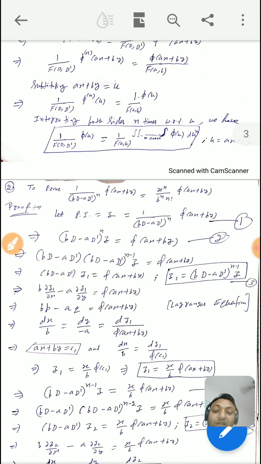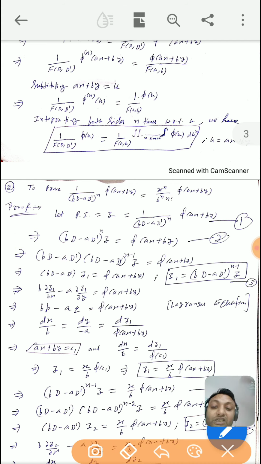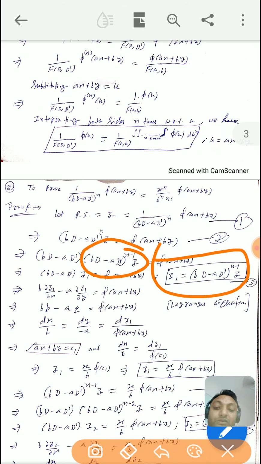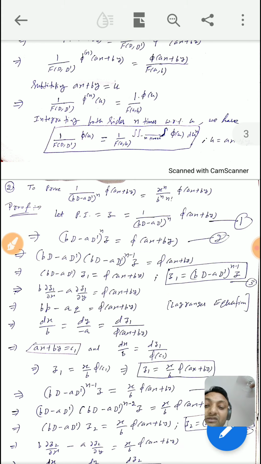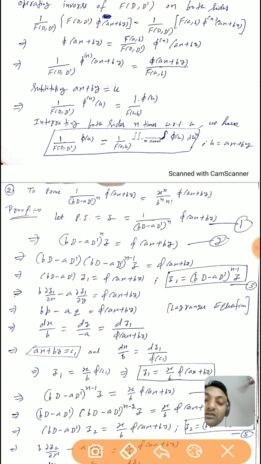So further I substitute that (bD minus aD dash) power n minus 1 z is equal to say z1. So we take it as z1 and substitute the value here. So it means (bD minus aD dash) into z1 is equal to the right hand side, phi of ax plus by.